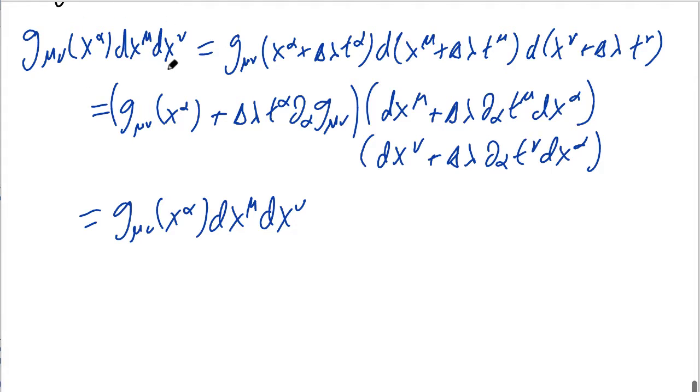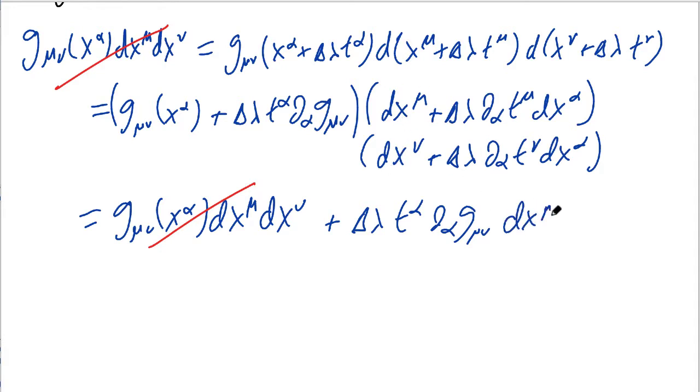And that, of course, is just this term right here, so those will cancel on the 2 sides of the equation. And then we have this term, delta lambda t alpha partial alpha g mu nu times these 2 factors, dx mu dx nu.